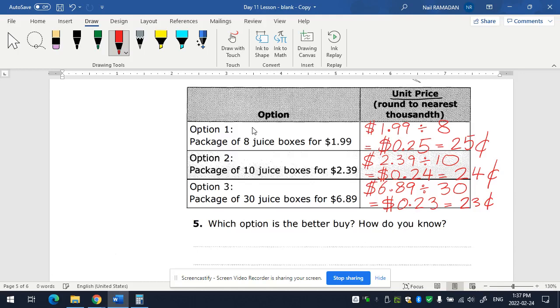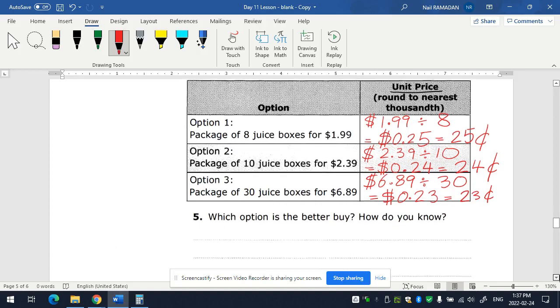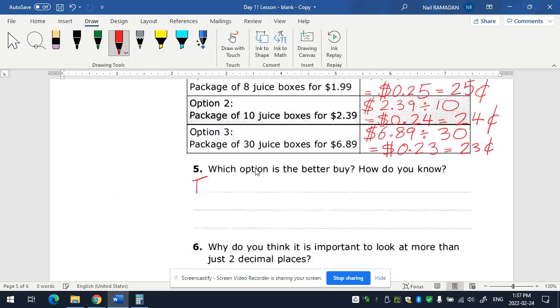Wow. So each store in the list is basically 1 cent less in the single price of a juice box. So which option is better to buy? Well, obviously, the cheapest. So go ahead, the cheapest. The cheapest is option, not one, not two, three.